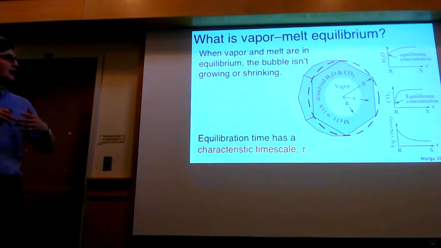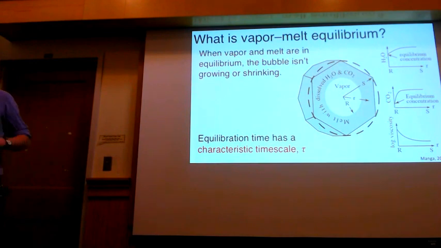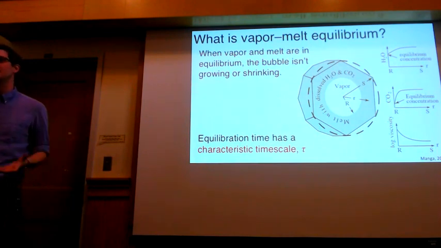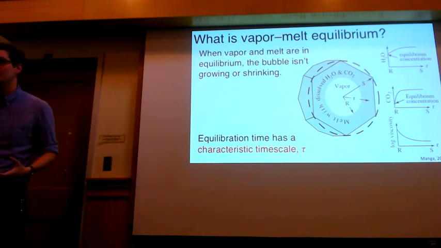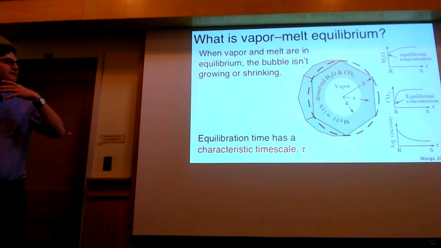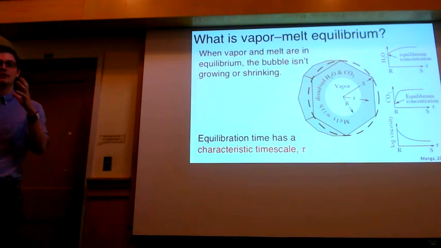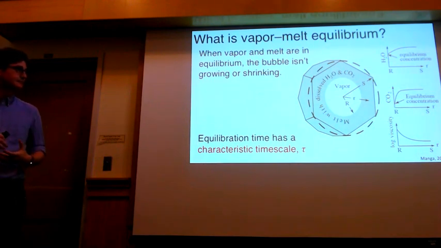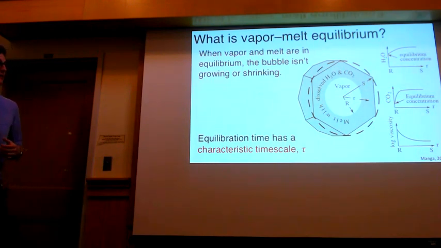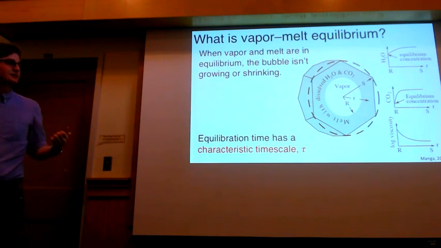Now, after a bubble nucleates, you have to take that material from somewhere. So when a vapor and melt are in equilibrium, there's no flux between the molten rock and our bubble. The bubble isn't growing or shrinking, chemically at least, with the moles of gas going in.